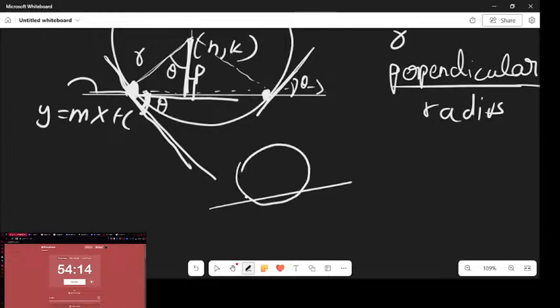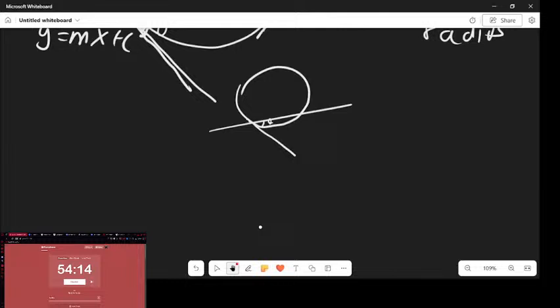We are just drawing the tangent at the point of intersection, and the angle between it and the line is the angle between the circle and the line.